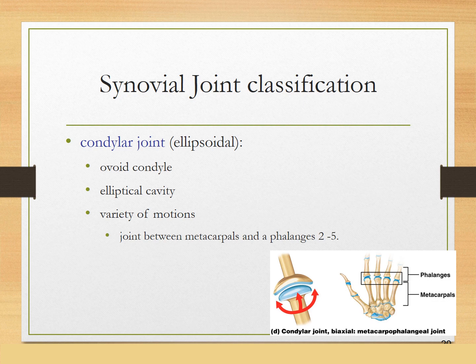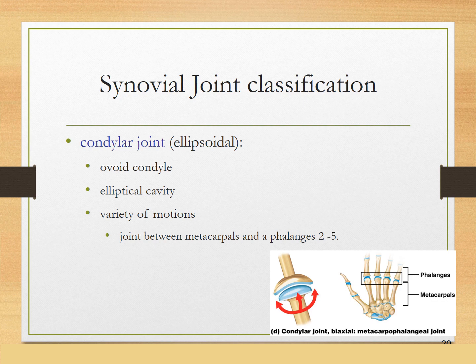Condylar joints, or ellipsoid joints, consist of an ovoid condyle, or projection, and an ellipsoid cavity. This allows for a variety of movements. This is found between the metacarpals, right, so that's your hand, and your phalanges 2, 3, 4, 5.